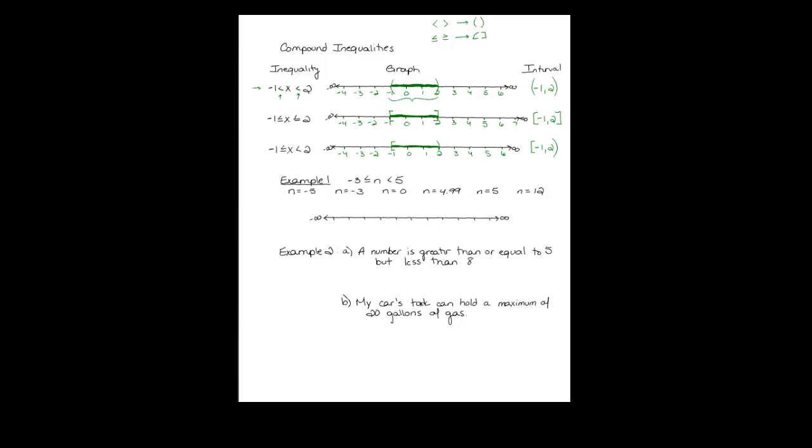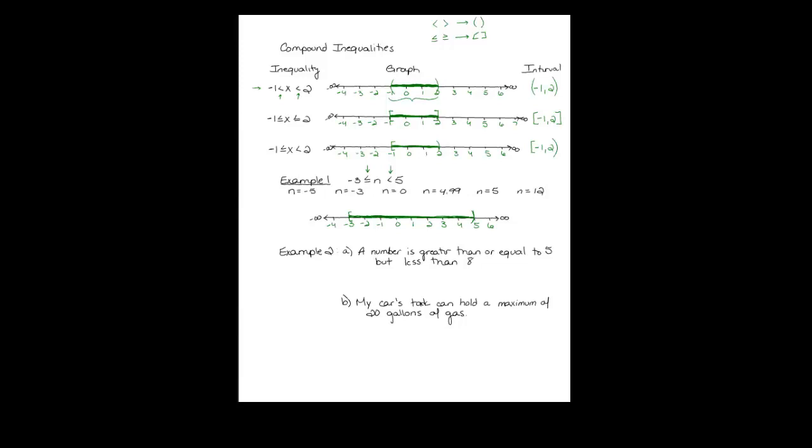So I'm going to fill out this number line down here. There's -4, -3, -2, -1, 0, 1, 2, 3, 4, 5, 6. At -3, we're including -3, so we have a square bracket. At 5, we're not including 5, so we're going to have a parenthesis at 5, and we're shading everything in the middle.